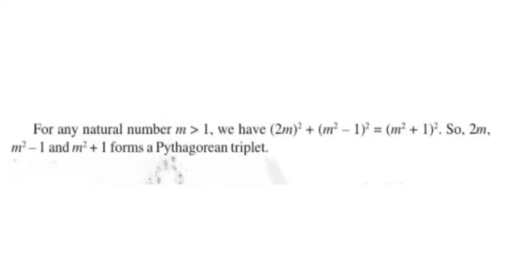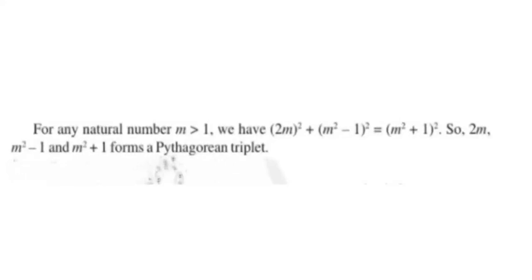So according to Pythagoras, for any natural number m greater than 1, we have 2m square plus m square minus 1 whole square is equal to m square plus 1 whole square. So 2m, m square minus 1 and m square plus 1 form a Pythagorean triplet.